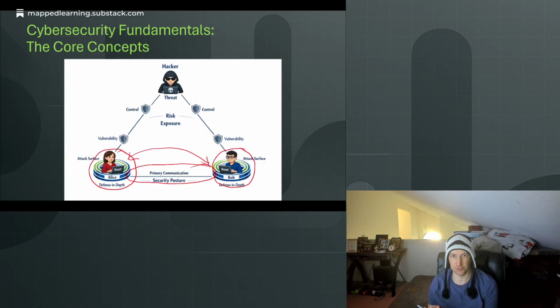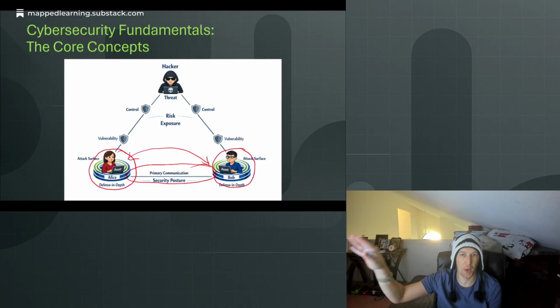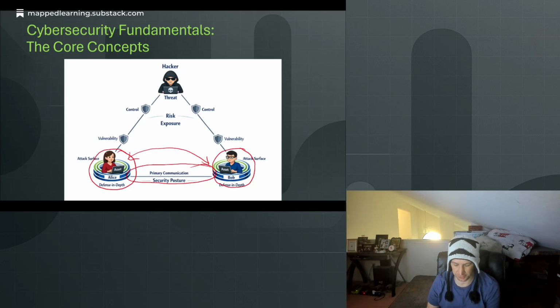A threat is just a thing. A threat always exists. Even if you lock yourself in a bunker, there's always the threat of attackers. It doesn't matter how well you protect yourself, the threats always exist. And that is what this denotes. The threat is always there.